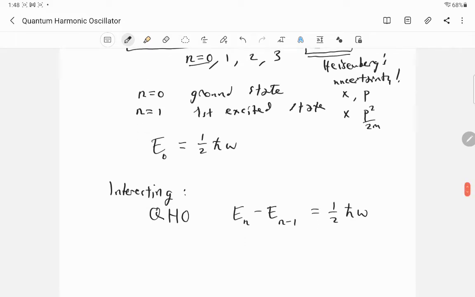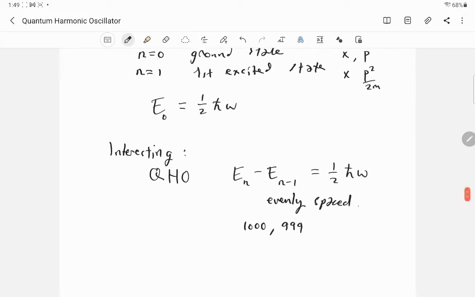That is, they are evenly spaced. This is true for 1,999 and it's true for 2 and 1, where we're talking n and n minus 1. So the energy level diagram is evenly spaced.